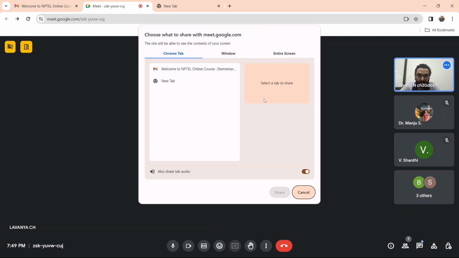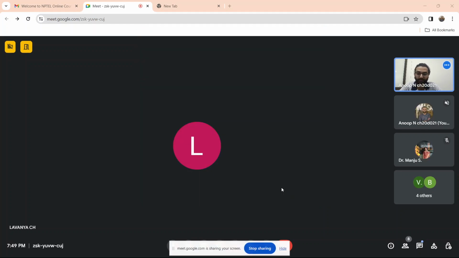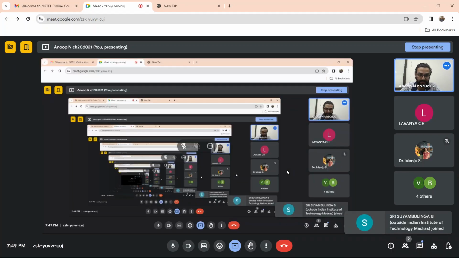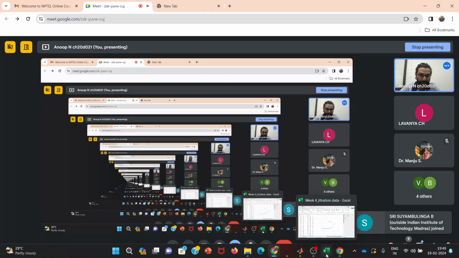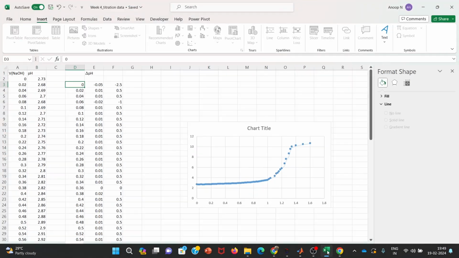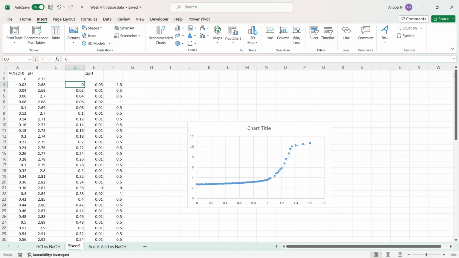Share. Entire screen, select, share again. Is it visible now? Am I sharing my screen now? So, okay, Excel. Now is the share clear? Is it Excel? Okay, okay.